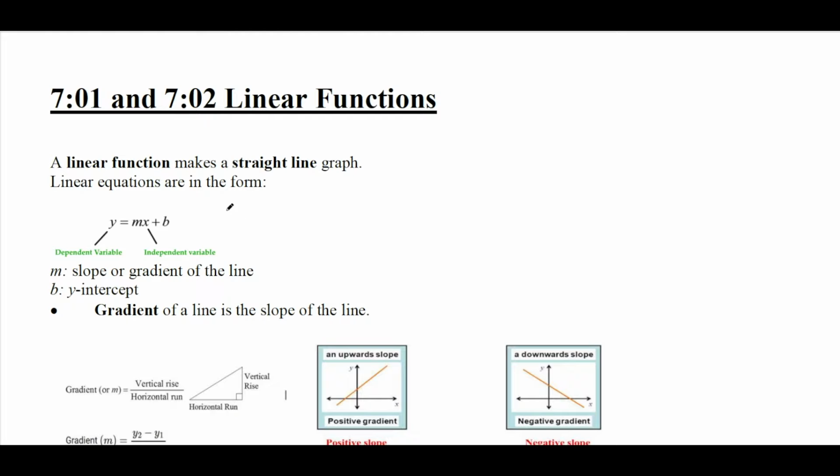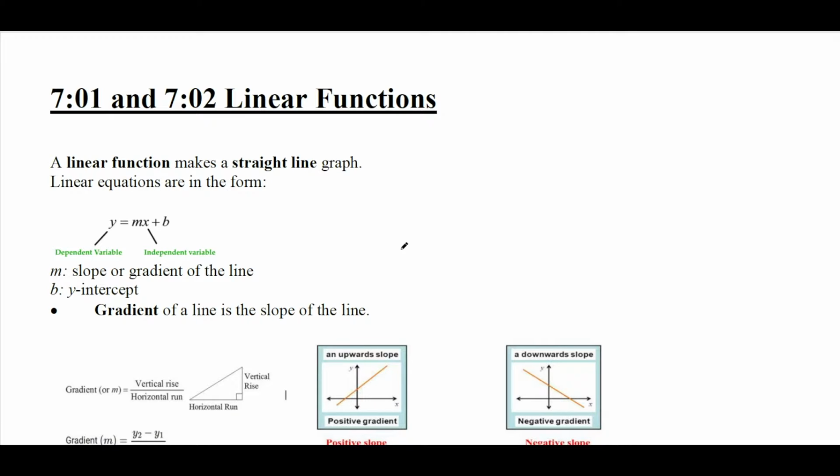So a linear function makes a straight line graph. Anything that's linear is basically a straight line. Linear equations are in the form y equals mx plus b. Y is the dependent variable and x is the independent variable. Just to give you an example of a dependent variable, it could be something like speed.